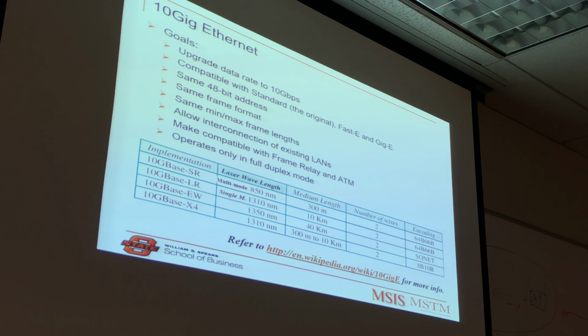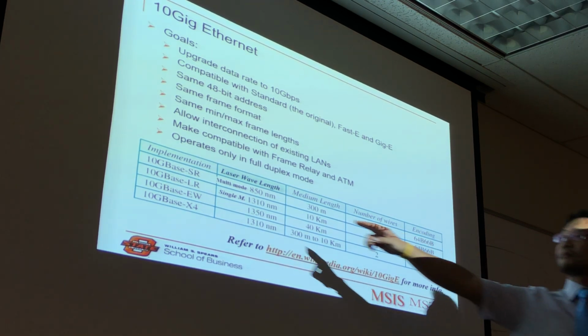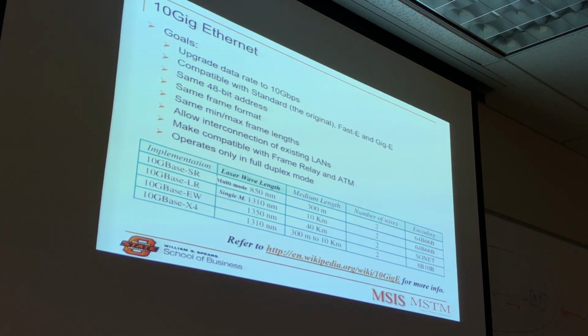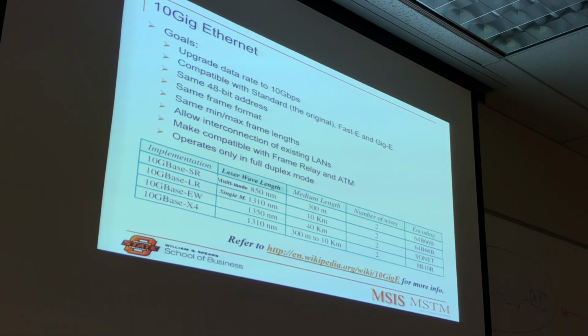So SR uses multi-mode. Remember multi-mode versus single mode? Multi-mode lets the light signal bounce off the wall many times, so the received signal can be dirty, it can be fuzzy, whereas in single mode the light signal travels through the very center of the core, so the received signal is cleaner, so it can go farther.